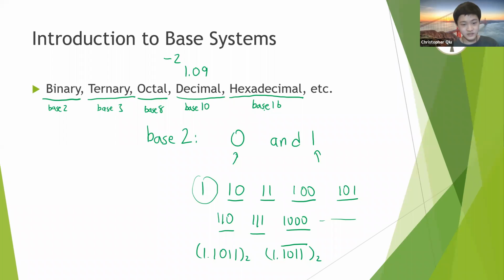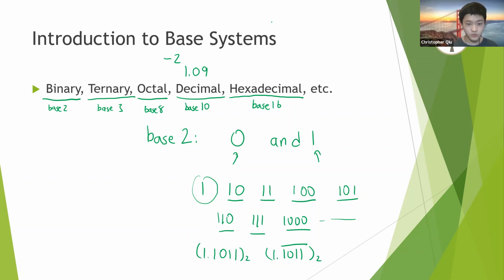In base 16, we need 16 digits, one for each of 0, 1, 2, 3, and so on until 15. But in Arabic numerals, we only have digits for 0 through 9. So we don't have enough digits. We still need a digit for 10, 11, 12, 13, 14, and 15. So we create 6 new digits for 10, 11, 12, 13, 14, 15.